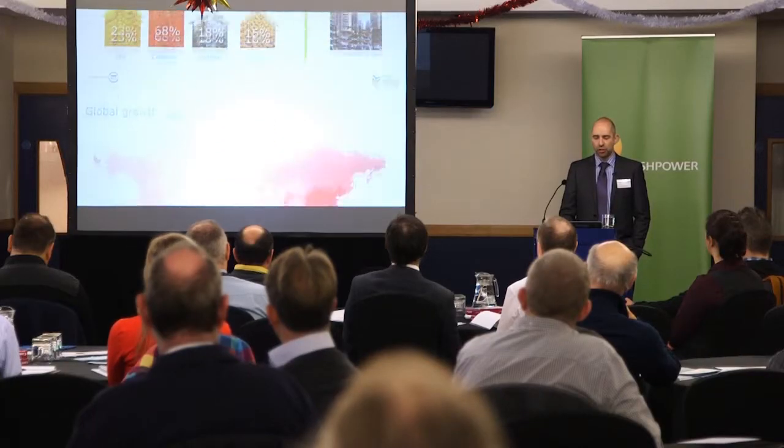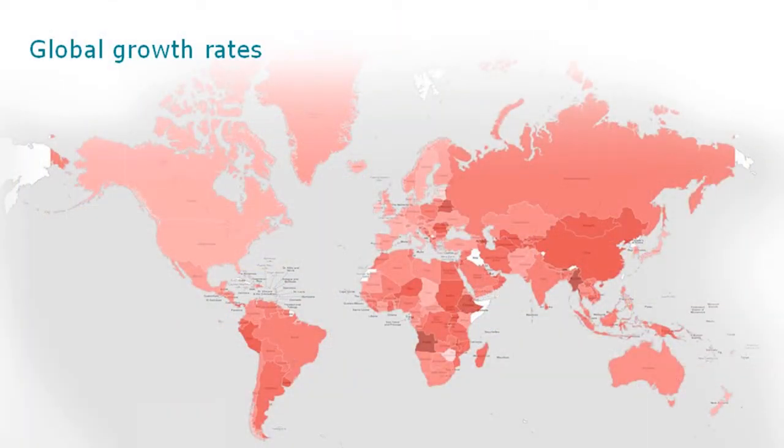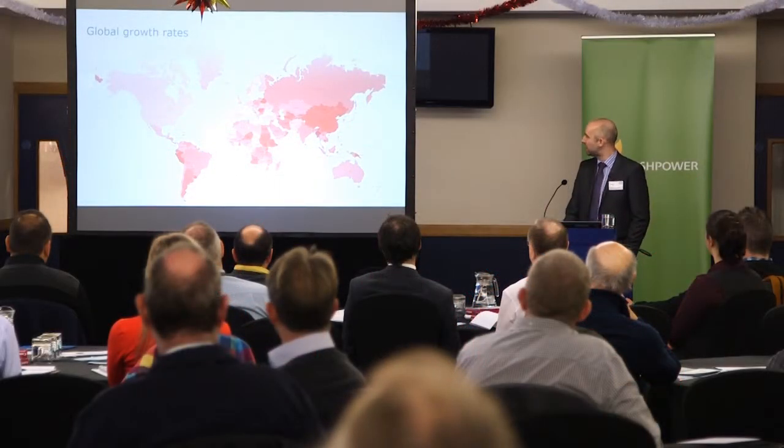But it's not just China. The global growth rate during this economic downturn has been significant. Every country in pink, since 2008 to 2012, has seen growth, which is effectively pretty much every country on that map to some level or other.